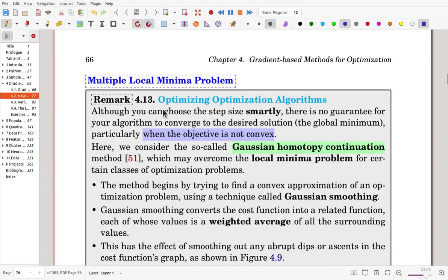This is quite necessary when you are dealing with the multiple local minima problem.